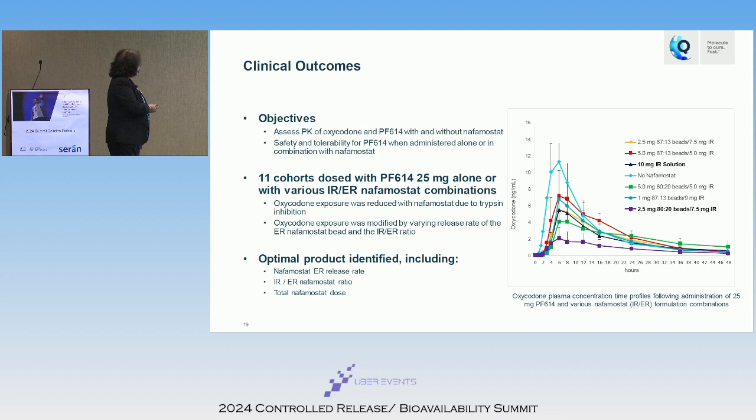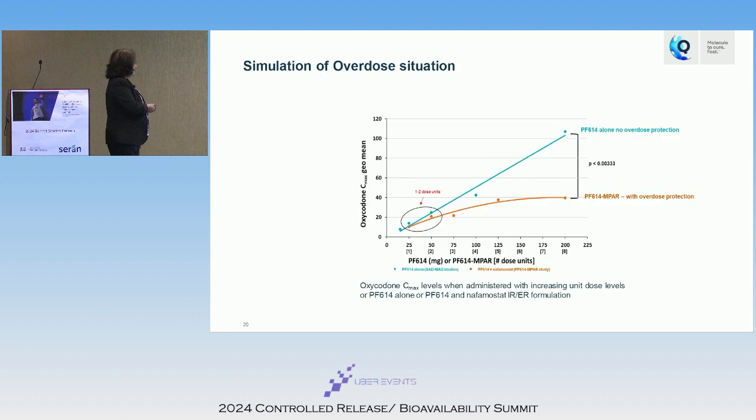So after identifying the ratios that were necessary, it was shown in the second part of the study that when 1 to 3 tablets were taken, the levels of oxycodone were fine. But if you take any more than 3 tablets, then the mechanism of trypsin inhibition would kick in, and the nafamostat ER plus IR beads would start working, and they would prevent this excess oxycodone levels in the blood.